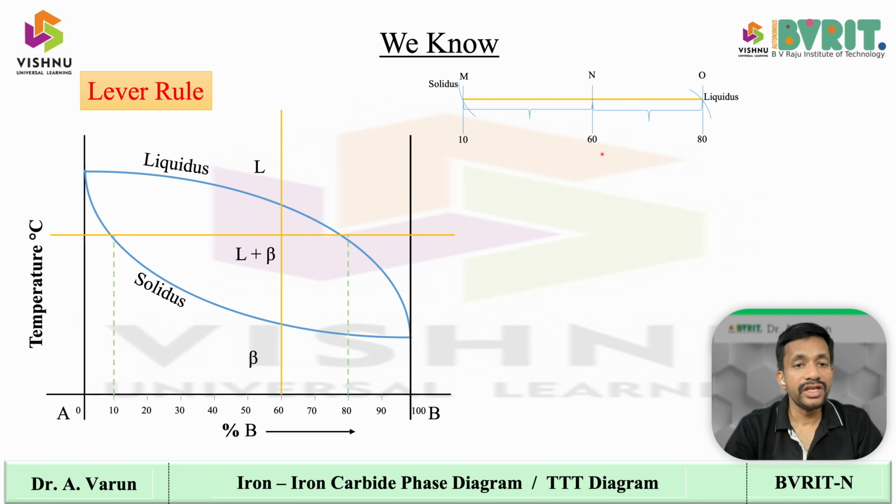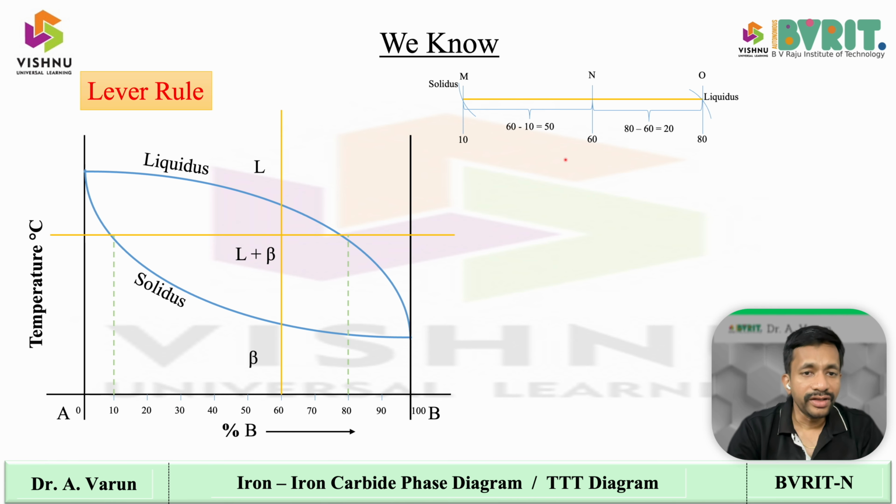Now we have what we need, and if I want the liquid, I need to take this length. Since this is the percentage of liquid we are determining, we divide this length by the total length and multiply by 100, which will give the liquid percentage. And if you do 100 minus that, because it is binary, you will get the solidus, or you can take this length, divide by the total length and multiply by 100 to get the solidus.